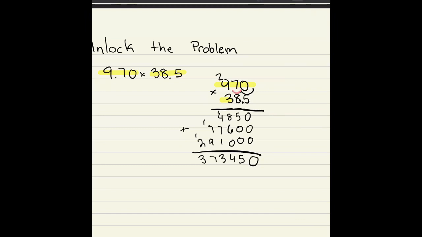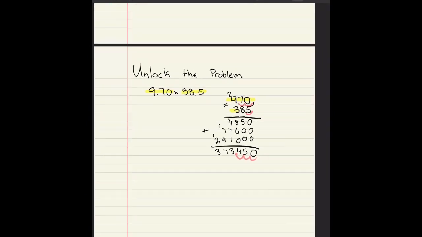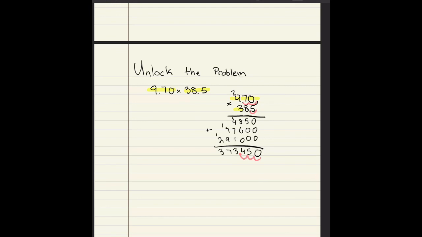My decimal is here. So now I'm counting 1, 2, 3 times. 1, 2, 3. That makes more sense than if I had 37. That wouldn't make sense. That's why it's important to look at whether what you're doing makes sense, guys, because when I did it previously when it was wrong, I had 37.3.